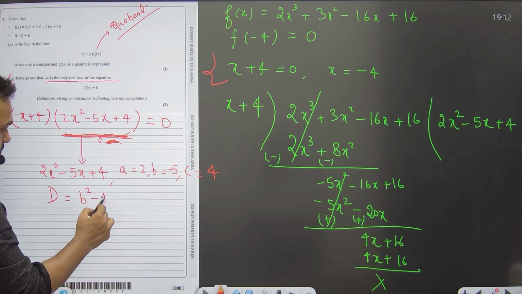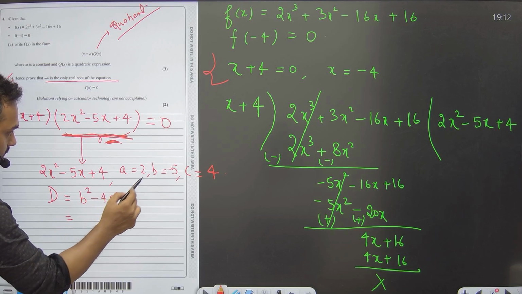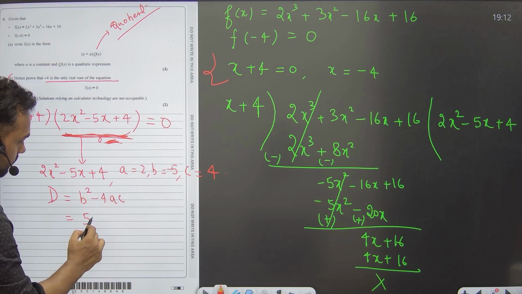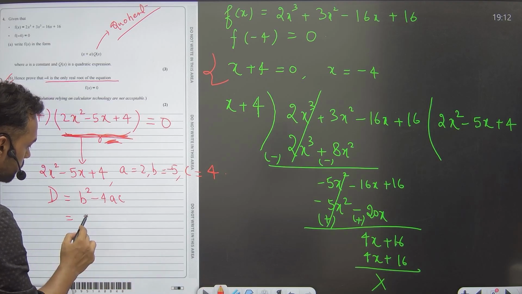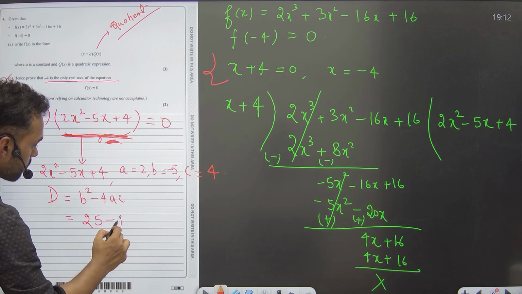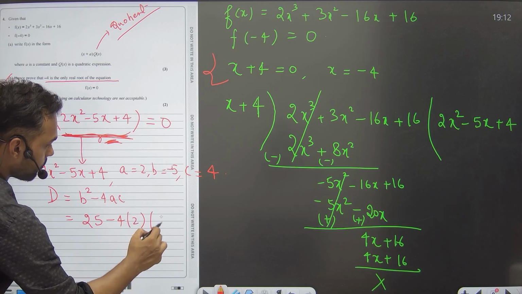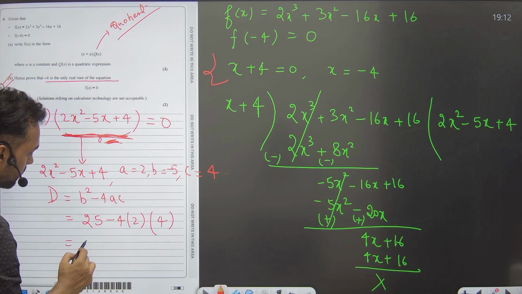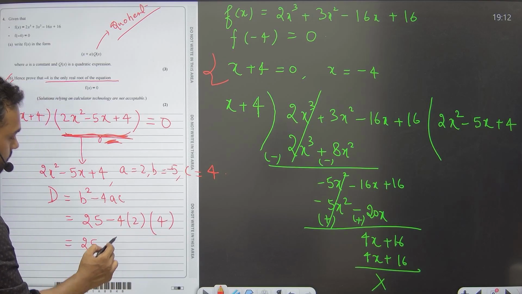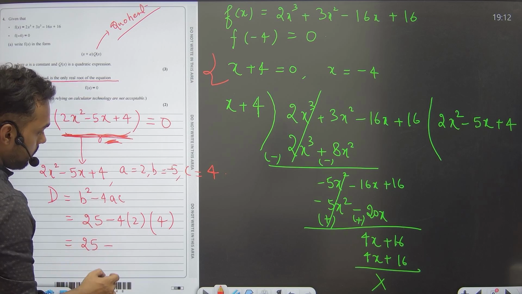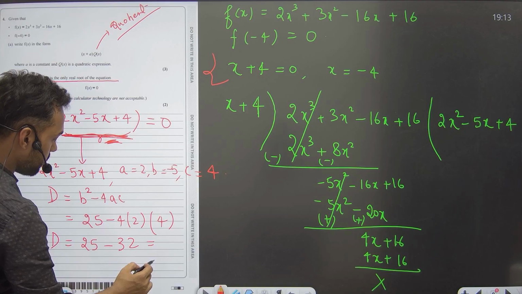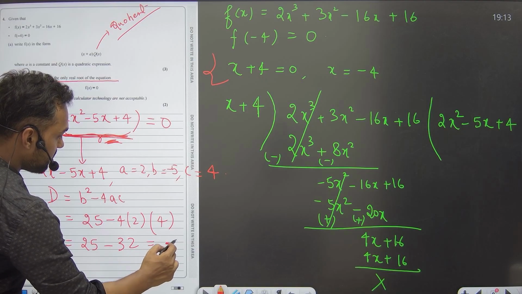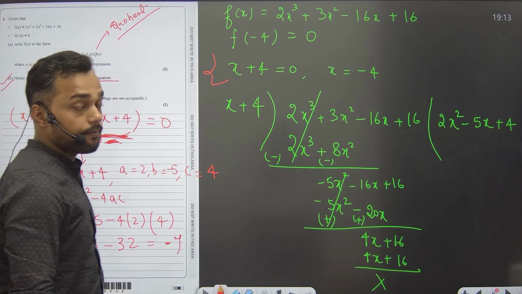Now you can see here that if you take out the discriminant, that is equal to b square negative of 4ac, so you will see that it is 25 negative of 4 times 2 times 4. So you can say that 25 negative of 32. So you can observe here that you are getting the discriminant value as negative 7.